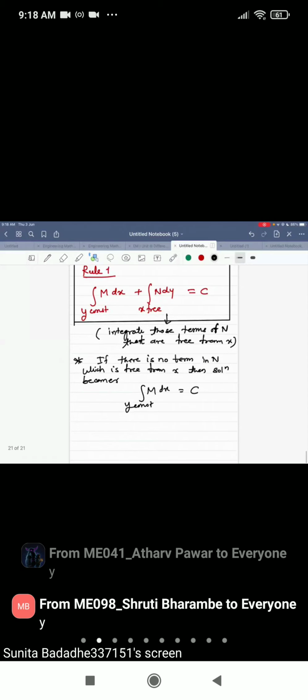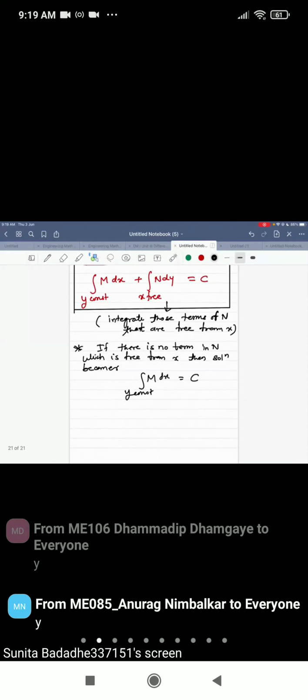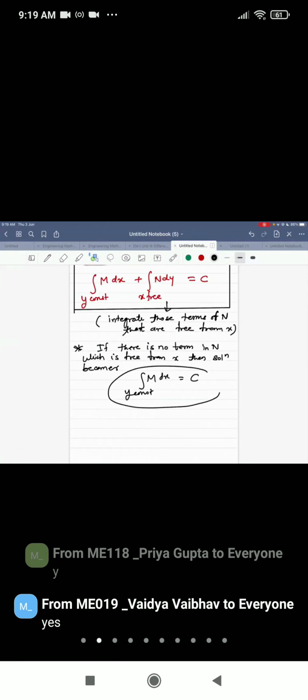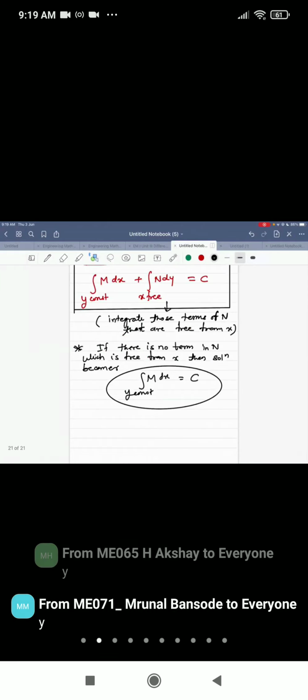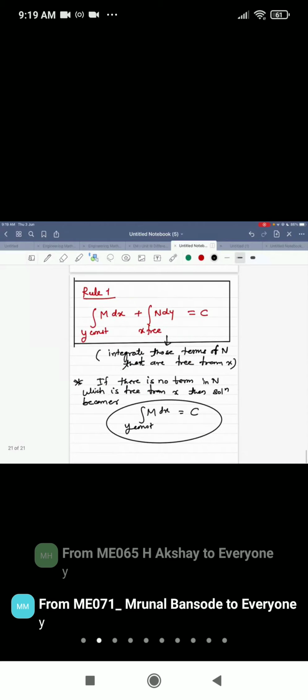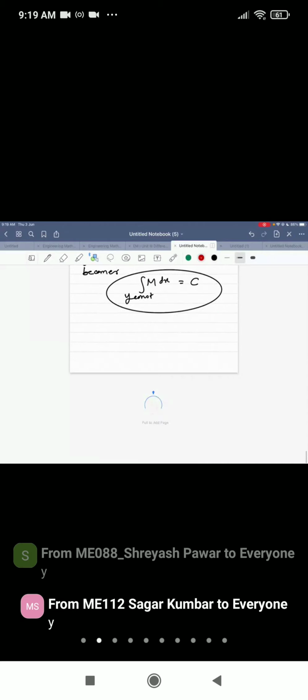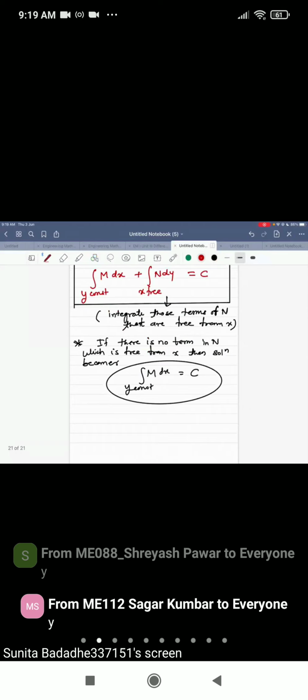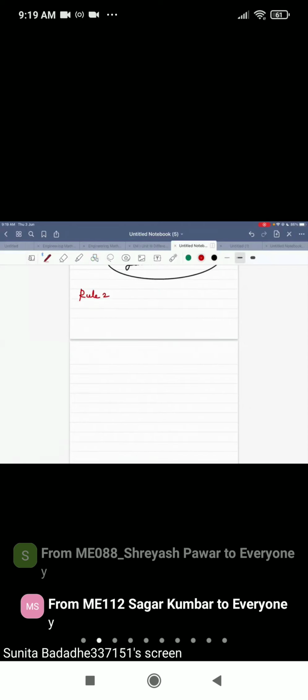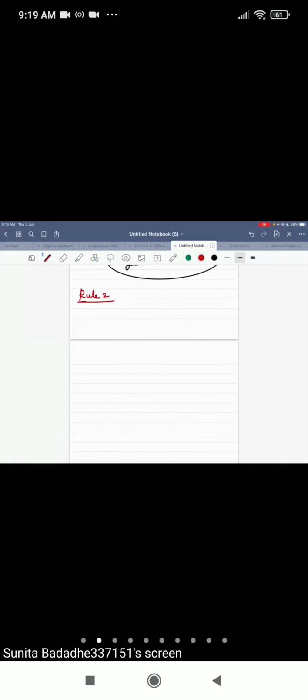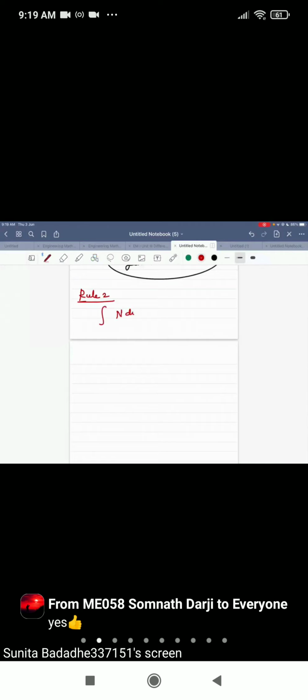This is rule number 1. Sometimes we apply rule number 1, sometimes we apply rule number 2. I'll give you rule number 2. When to apply which rule, that we'll discuss while solving the examples. So what is rule 2? Rule 2 is exactly opposite.